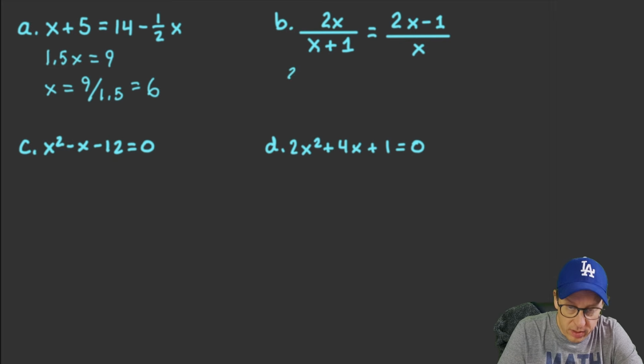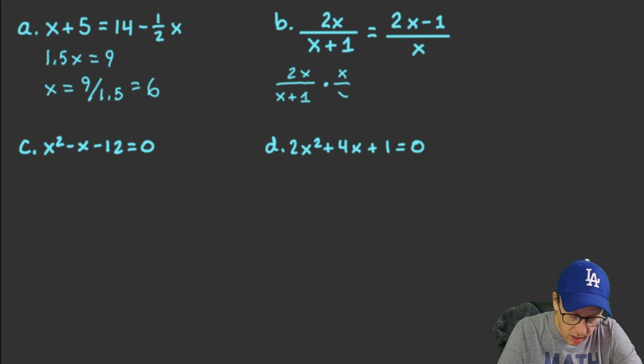All right, so again, we're going to try to solve for x. So we're going to have 2x. Can I fit all this in this little tiny space? x plus 1. I'm going to multiply this times x over x equal to (2x minus 1) over x times, and I'm just getting a common denominator here. That's the only reason I'm doing what I'm doing.